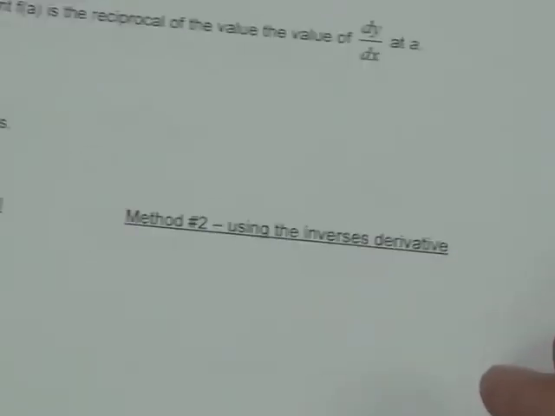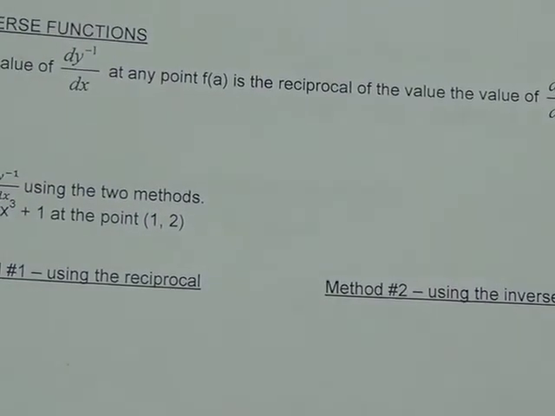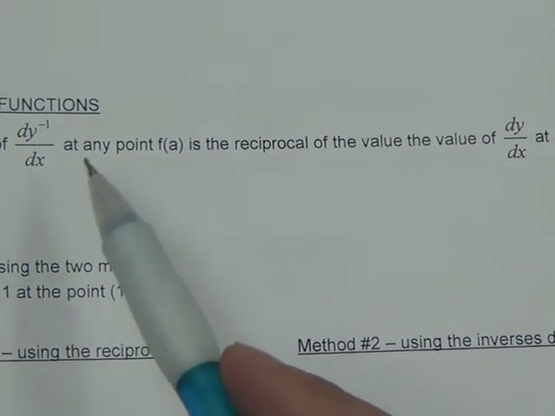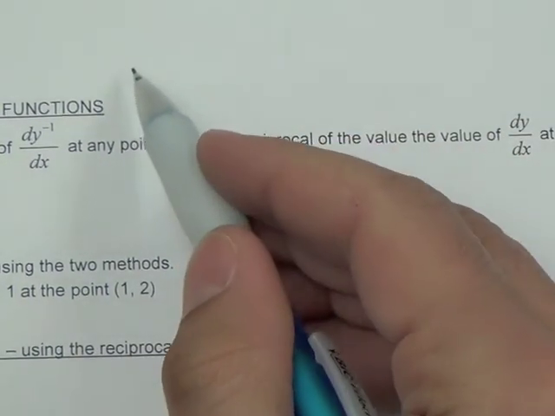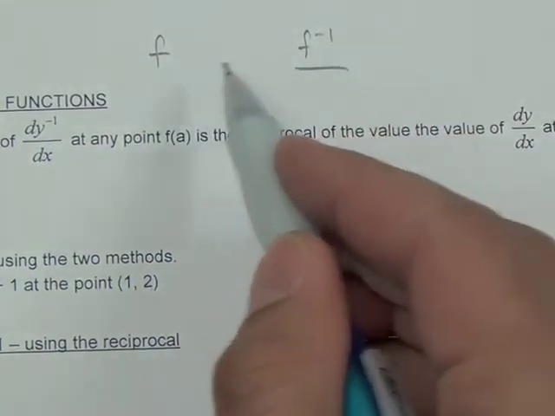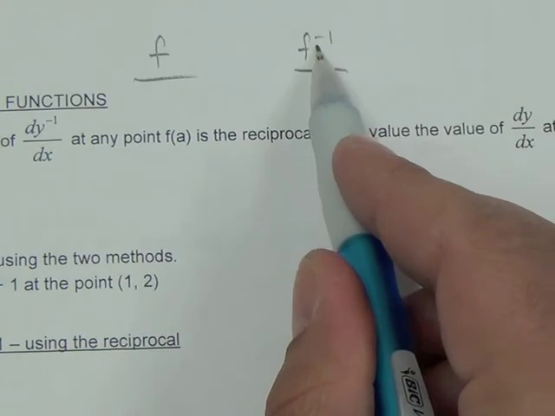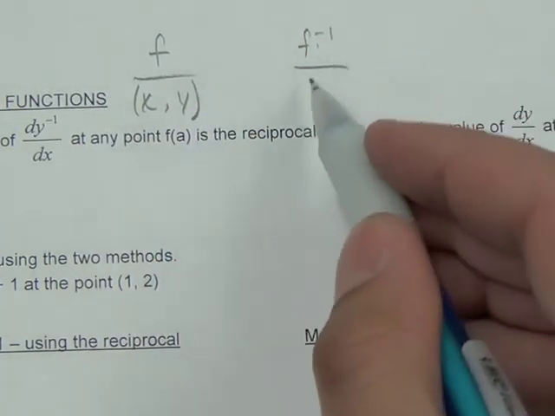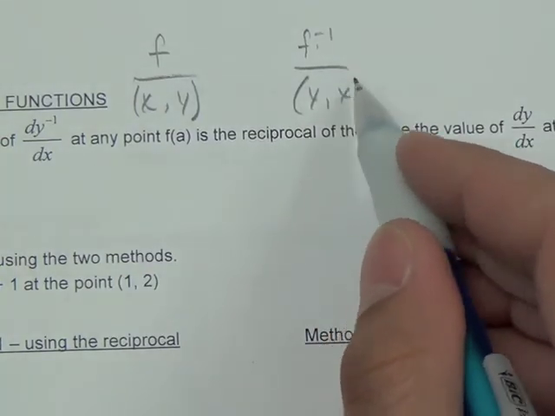Last but not least is inverse functions and their derivatives. All right, inverse functions, if you remember, if I have a function and I have the inverse of that function, so this is inverse notation here, the little -1, any point found on f, the inverse, those get flip-flopped.